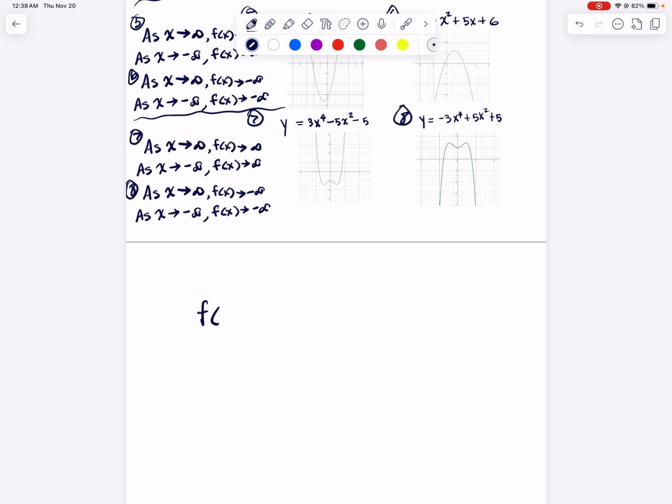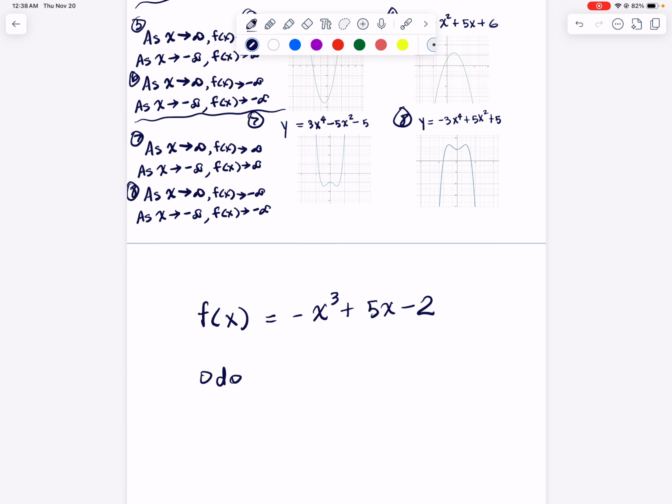So here we have a function, f of x equals negative x to the third plus 5x minus 2. All right, so we know in this case, our degree is odd. That's going to be important. And our leading coefficient is negative.